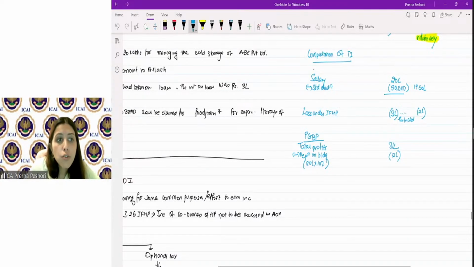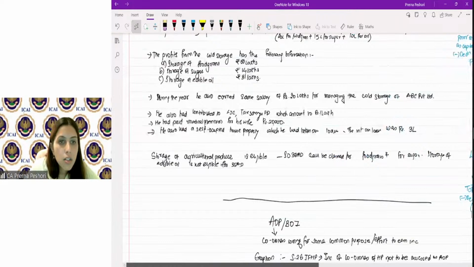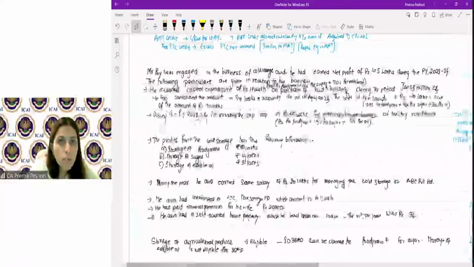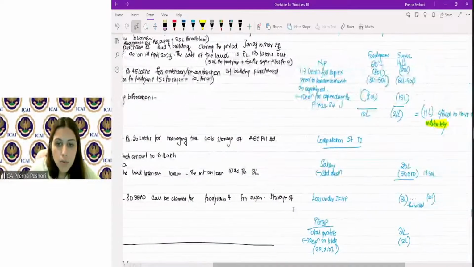And then, of course, you also had some repairs which are carried out to the building during the current year. So you have 10 lakh during the current year also. So we don't need to forget that.